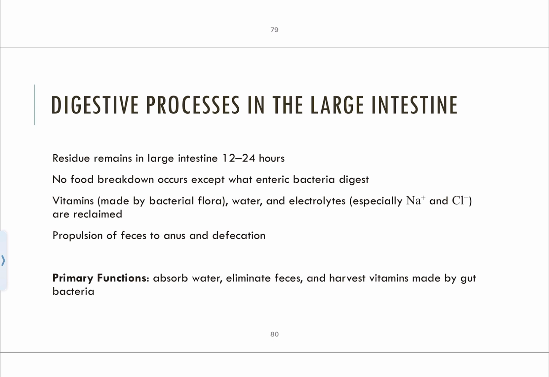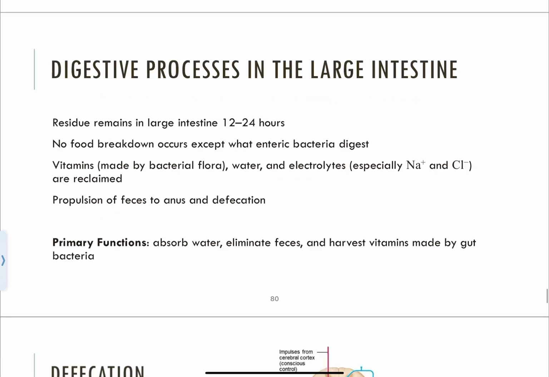Most of it is from our small intestines, but some water is still absorbed from our large intestines, and then important electrolytes that we need, like sodium and chloride, can be reclaimed. And the function of the tubing is just to get the feces to the anus so that we can go to defecation.